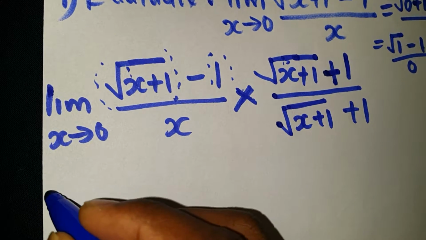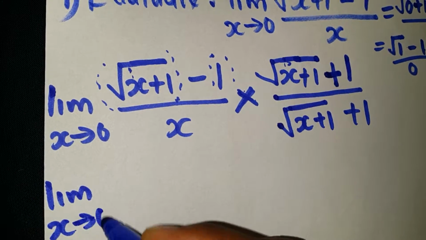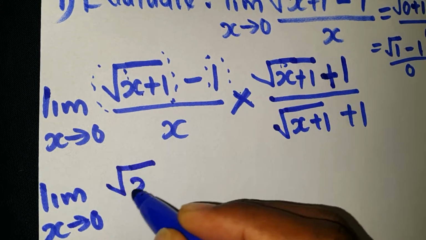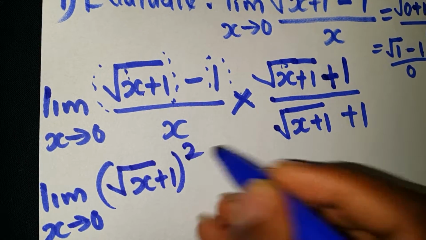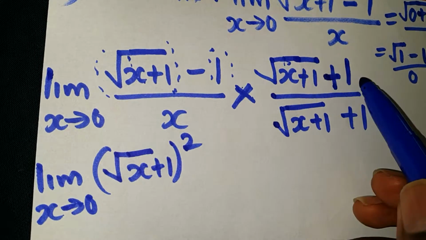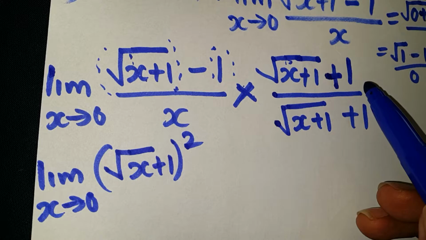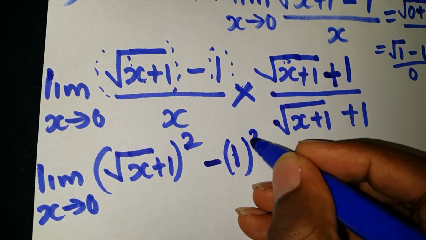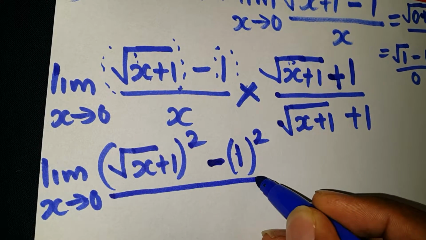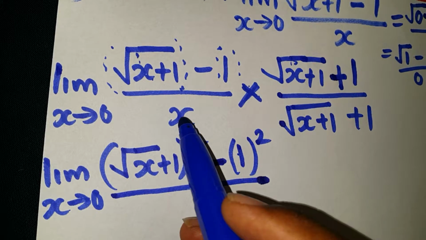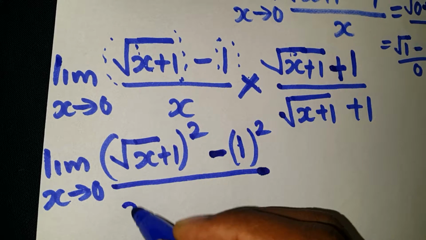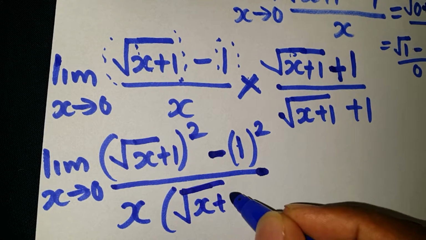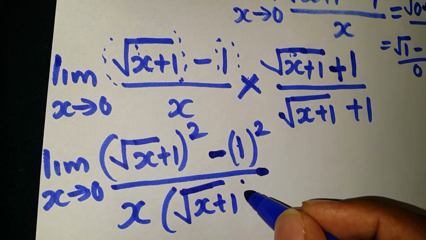What do we have? We have the limit when x tends to 0. This multiplied by this, we have x plus 1 squared, then minus 1 times plus 1 will give us minus 1 squared, divided by, again, x multiplied by this, we have x times root x plus 1, then plus 1.